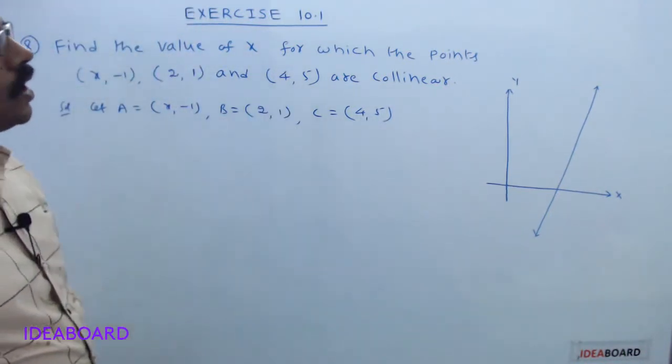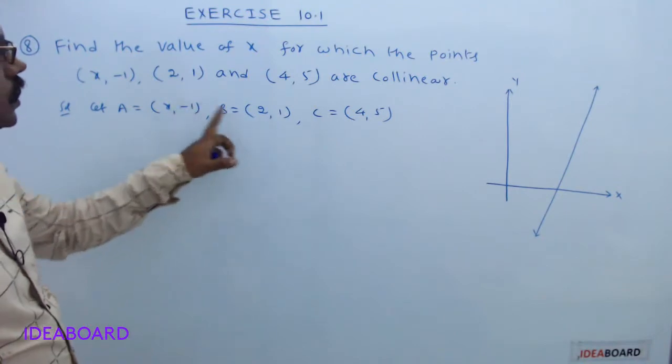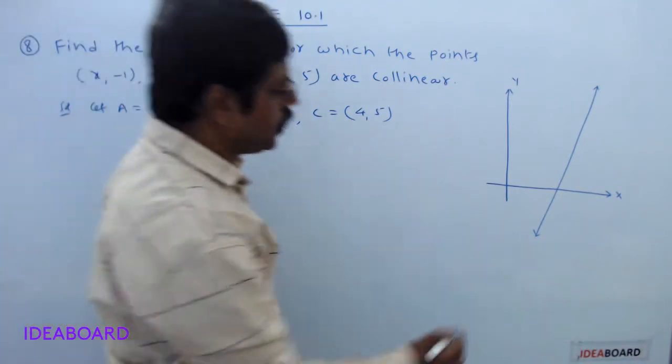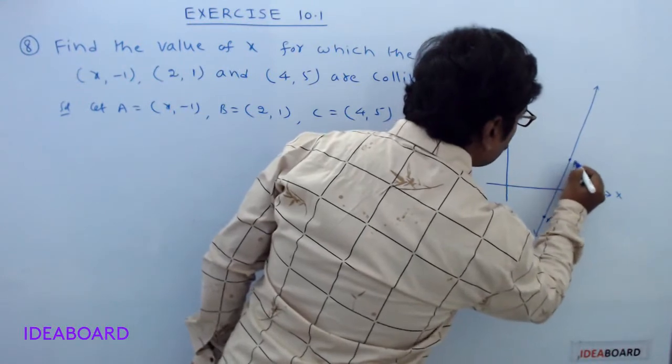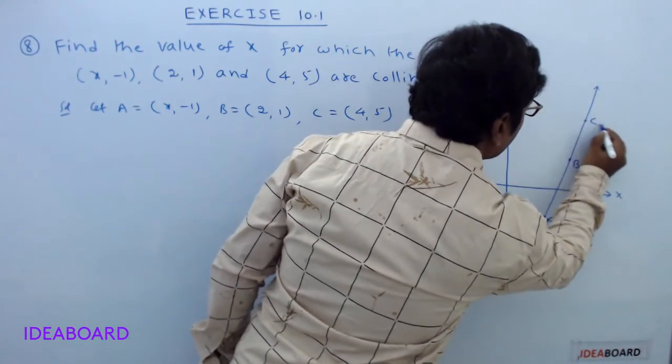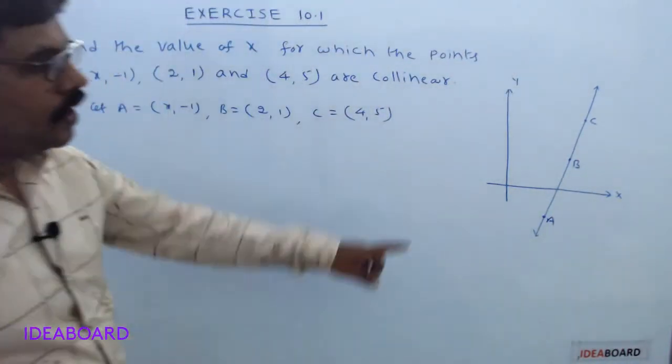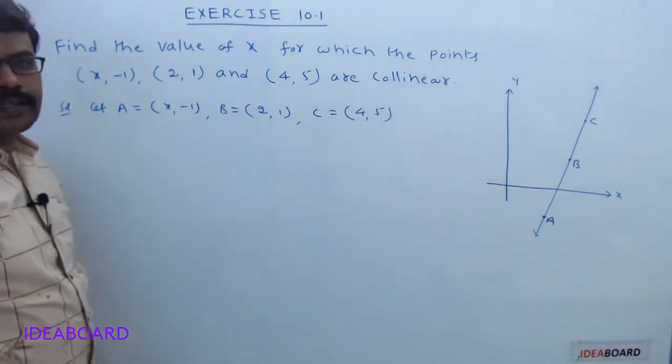Now these 3 points are collinear. It means these 3 points lie on the same line. Suppose this is the point A, this is the point B, this is the point C. So A, B, C are collinear points.